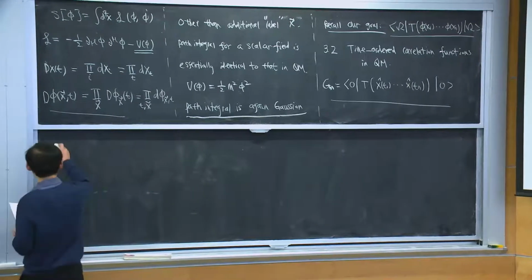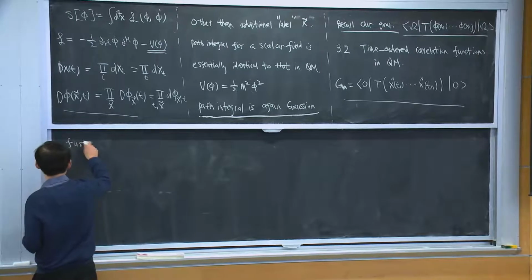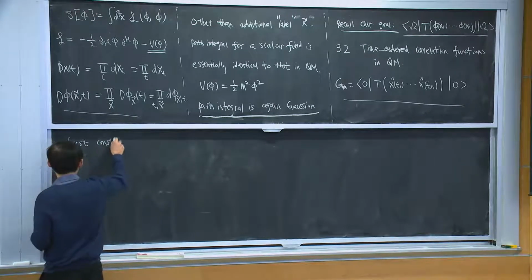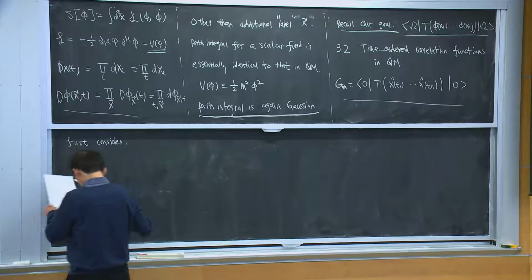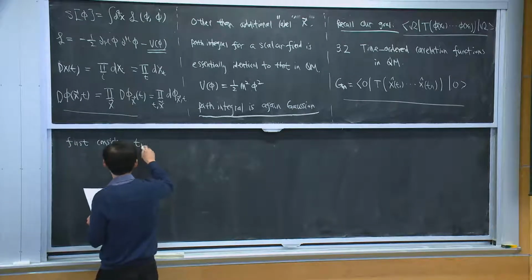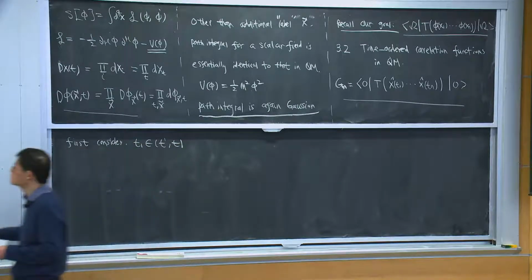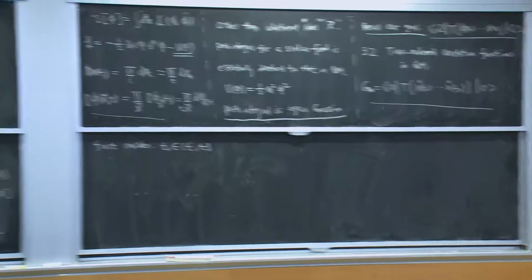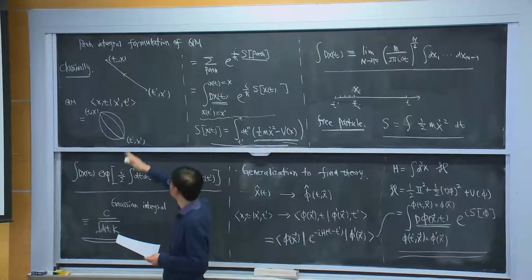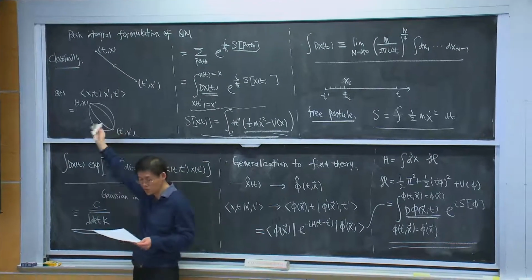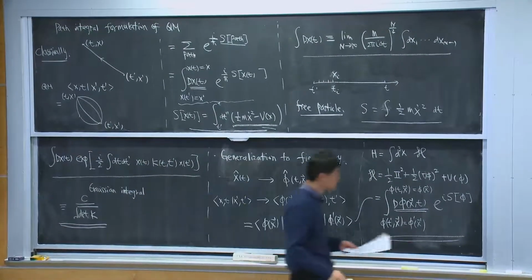Before doing that, let's consider one simple example. Let's consider some time t1 between t prime and t. We go back to this problem, but we consider some time in between t prime and t.